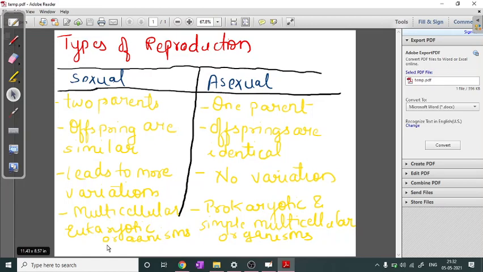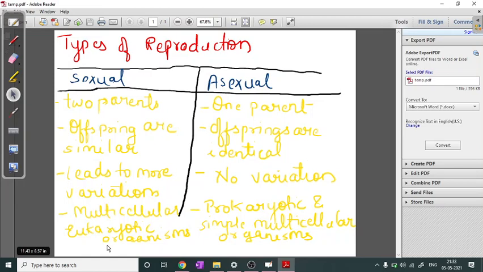They do not require two parents. And simple multicellular eukaryotic organisms like paramecium and euglena also reproduce asexually, right? So examples are very important when you write about differentiation. When you write any differentiation, see to it that there are examples.